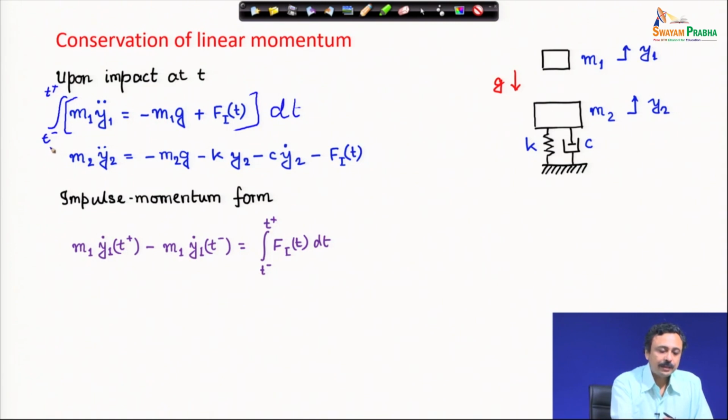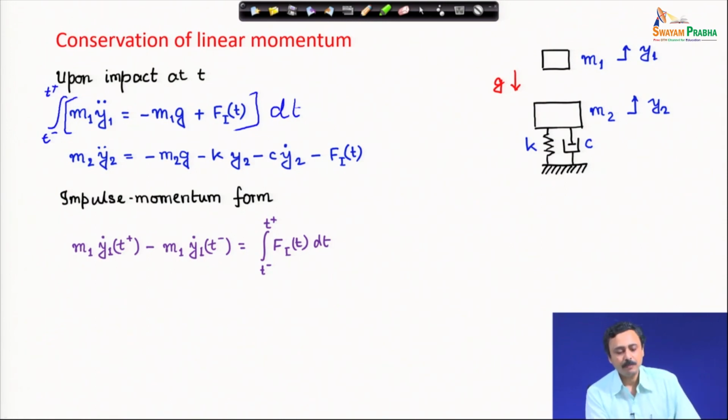Therefore, from t minus to t plus, I integrate the first equation, and what I obtain is m1 y1 dot at t plus minus m1 y1 dot at t minus, the first integral of the acceleration, is equal to the integral from t minus to t plus of Fi, impulsive force. What happens to minus mg, that force, integral of that force over that very short time duration?